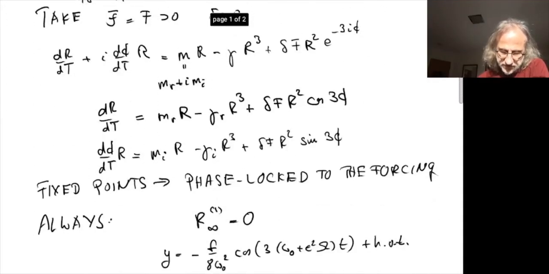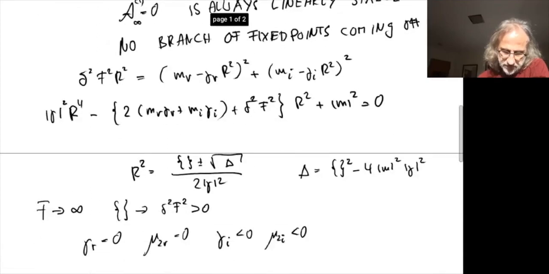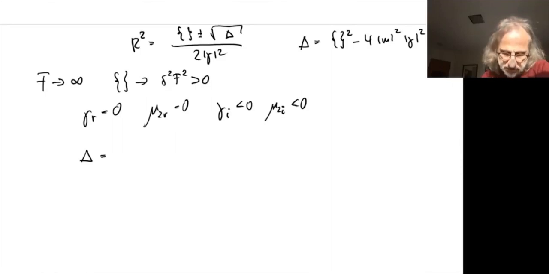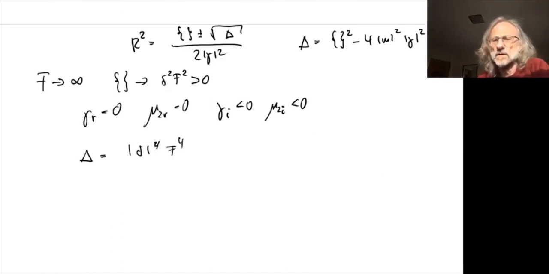And so if you plug that in, we get for our discriminant delta to the fourth f to the fourth, plus 4 delta squared.